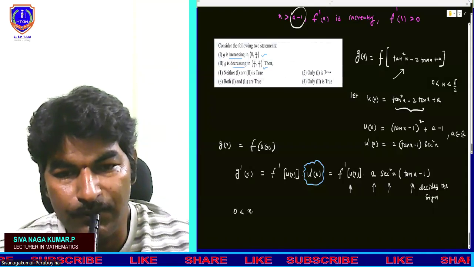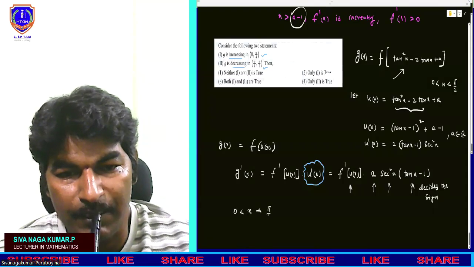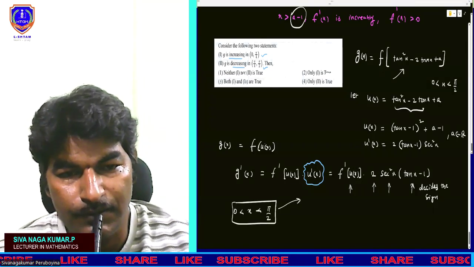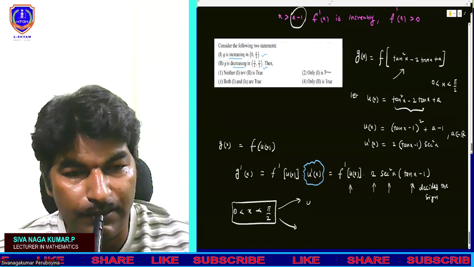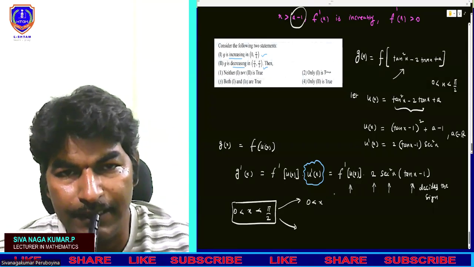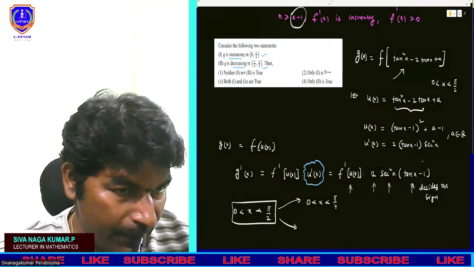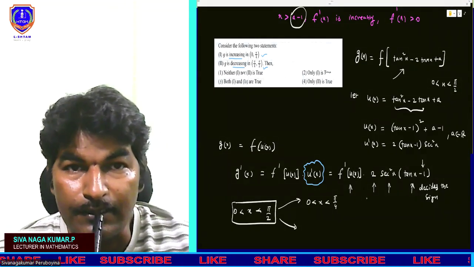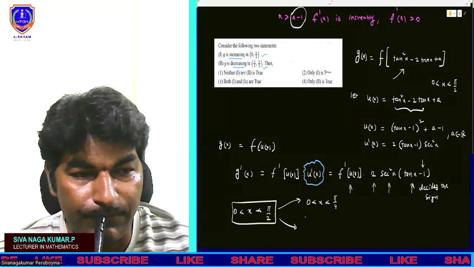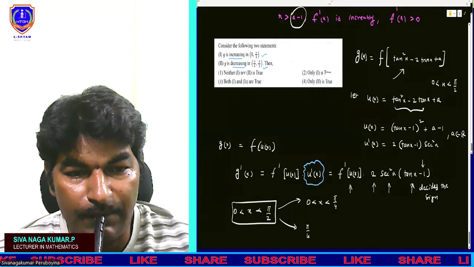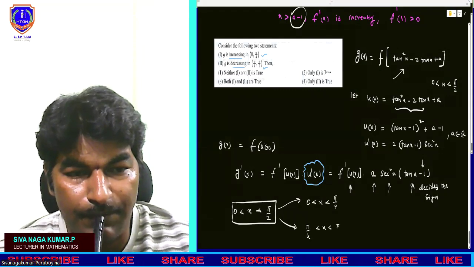It was given 0 less than x less than pi by 2. This will be split into two parts. The first part is 0 less than x less than pi by 4, because here 1 will indicate pi by 4. And after that, pi by 4 less than x less than pi by 2.